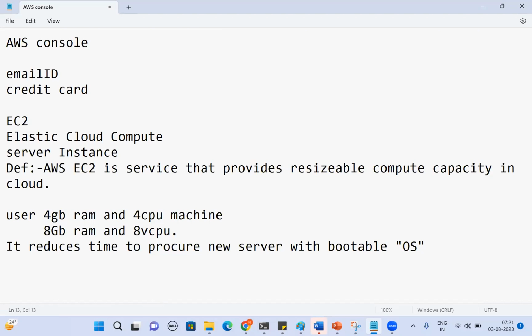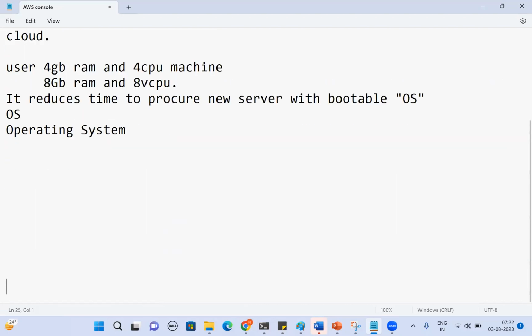So what is this bootable OS? We all know about the OS, just for information, it is the operating system. As we all know, computers communicate in binary, that is 1 or 0.